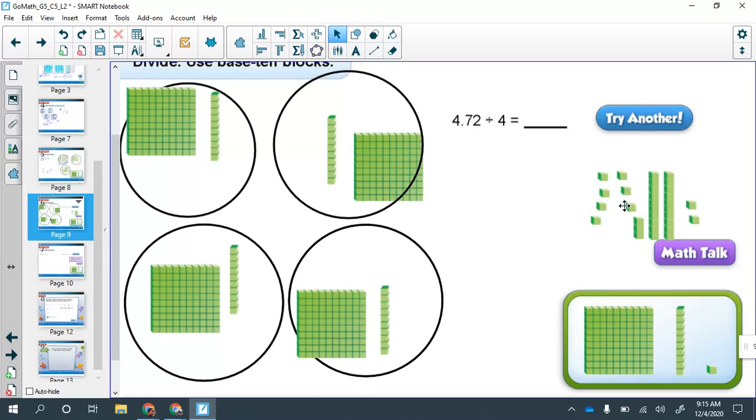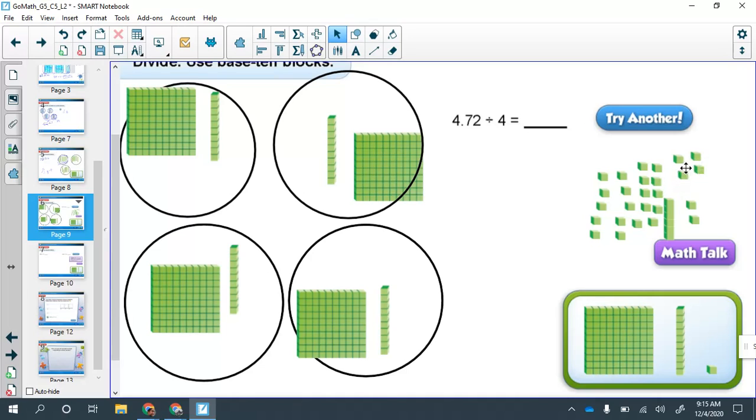And when I do this, I'm going to end up with 10/10 or 10 hundredths for each of these tenths, which means that I'm going to end up with 32 hundredths, right? And so if I think about that, I have 4 groups and I have 32 hundredths to put into each group. Hopefully you recognize that that means we are going to put 8 hundredths in each group.